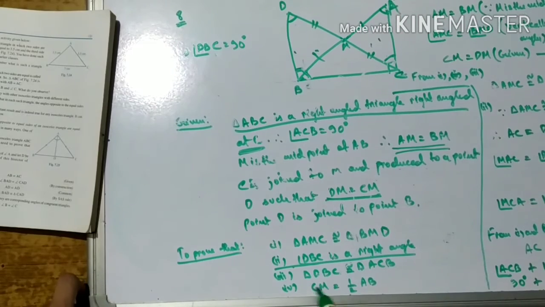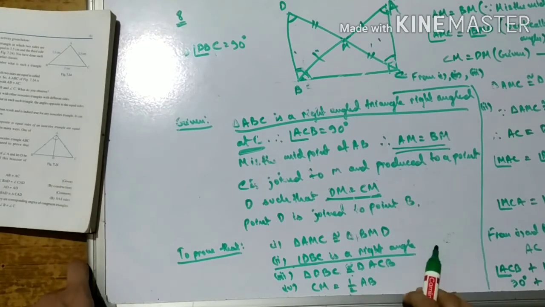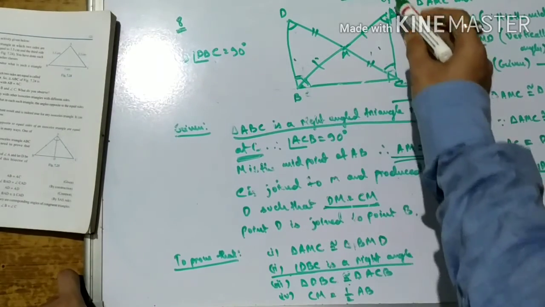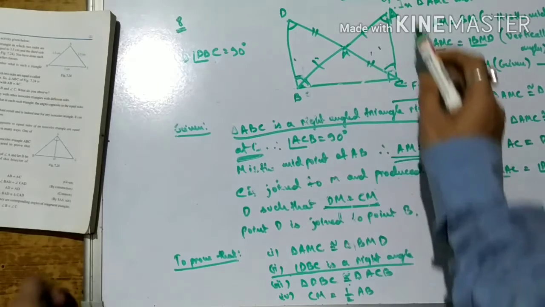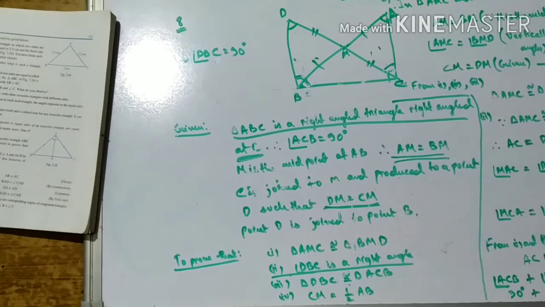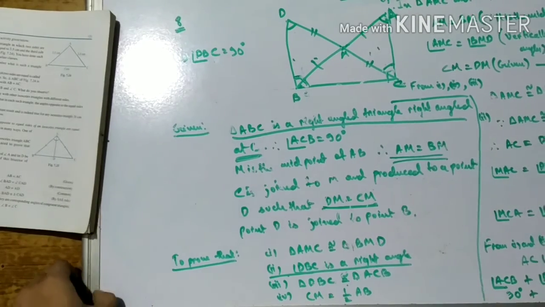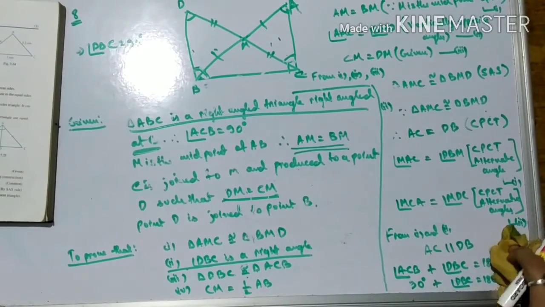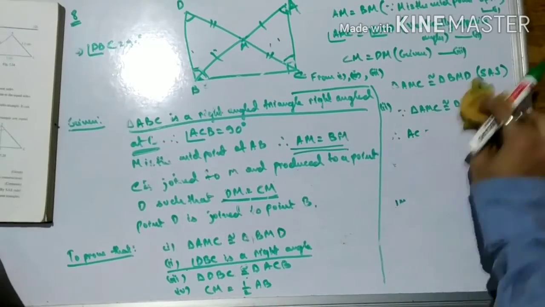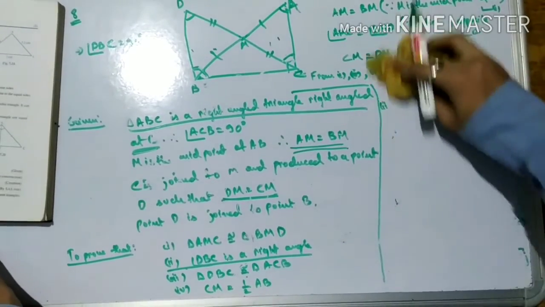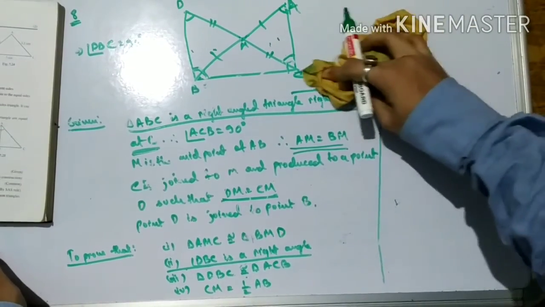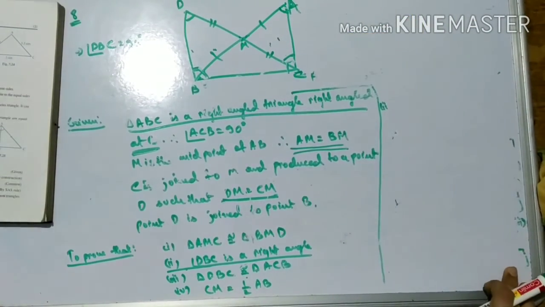The third one I have to show is that triangle DBC is congruent to triangle ACB. Okay, so now let me rub this whole thing.